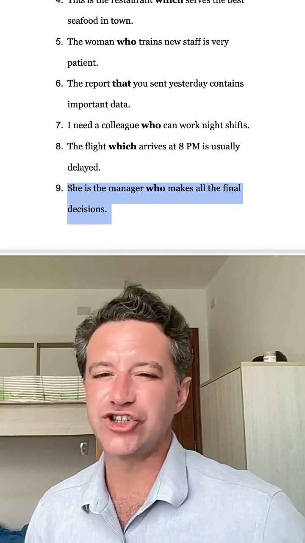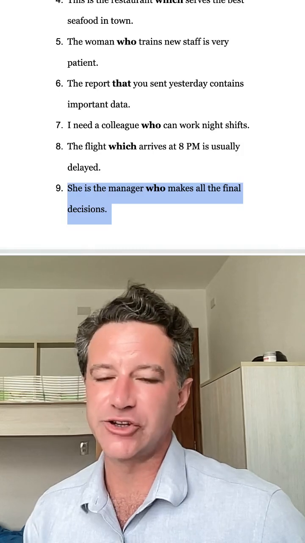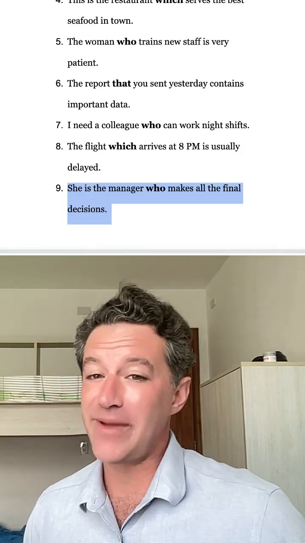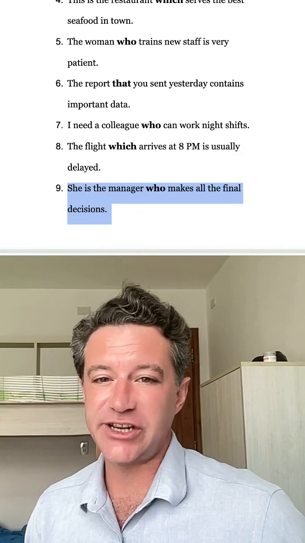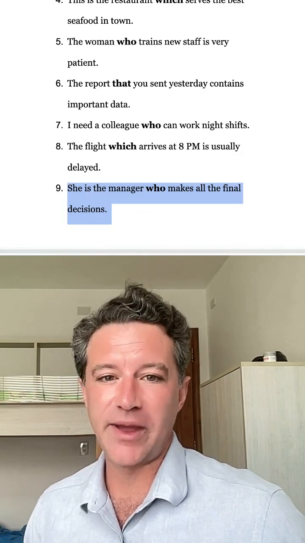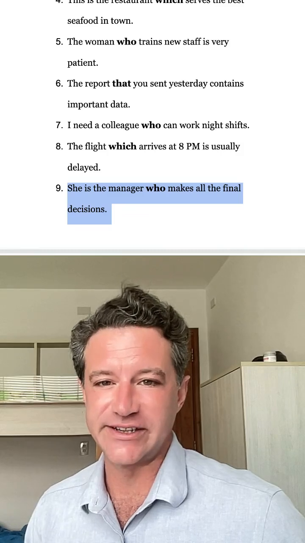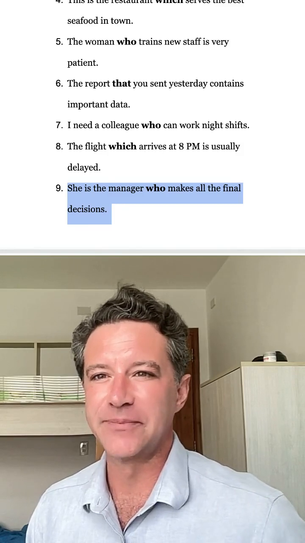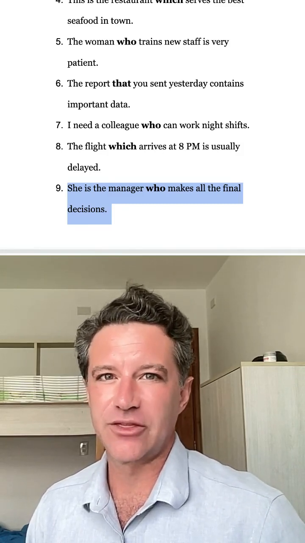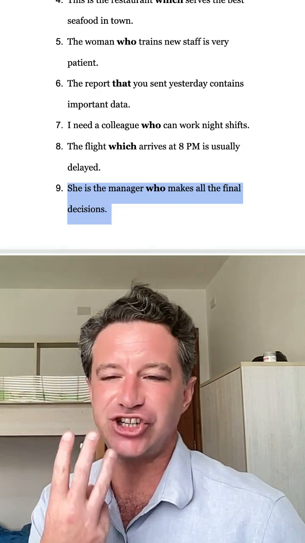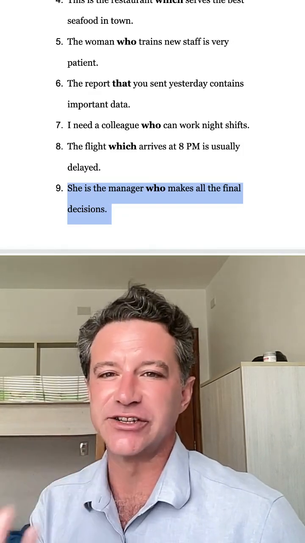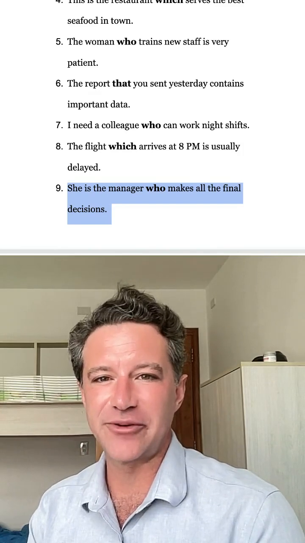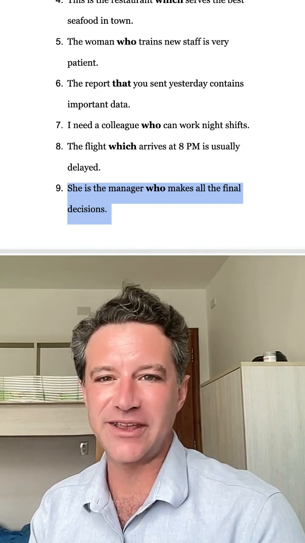So who is she? Which manager is she? There are many managers, and she is the manager who makes all the final decisions. Practice that word, decisions. 3 parts, decisions. Tanya from Ukraine. Hello, Tanya. Welcome. Thank you for coming.